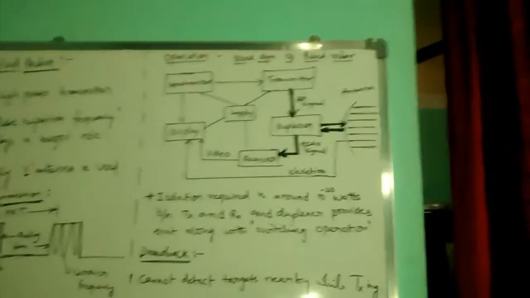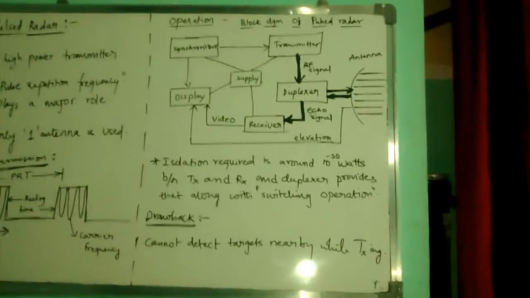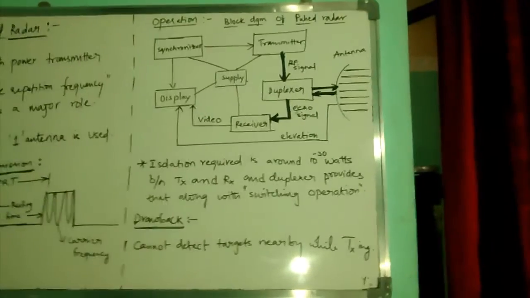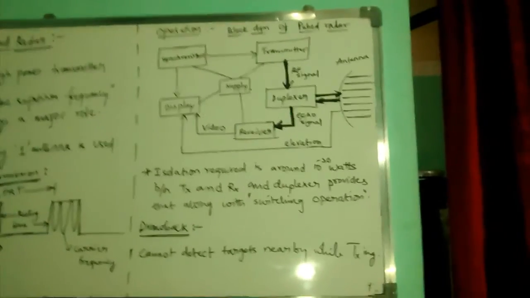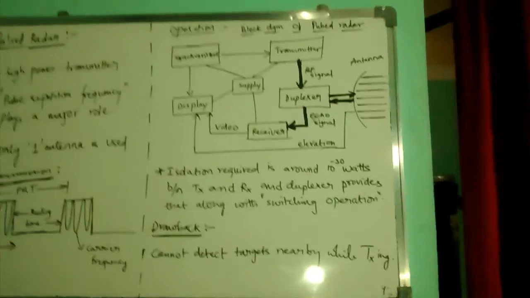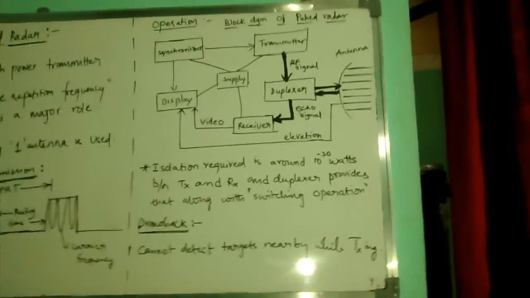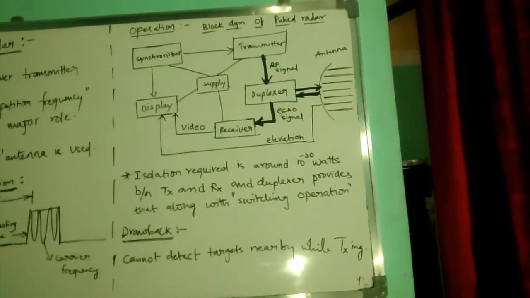Next, the main drawback of pulsed radar. Whenever we are transmitting the pulse for a duration of pulse width PW, the transmitter is on but the receiver is off.